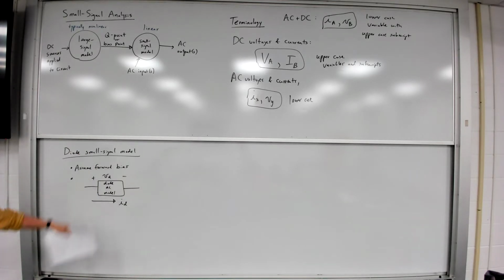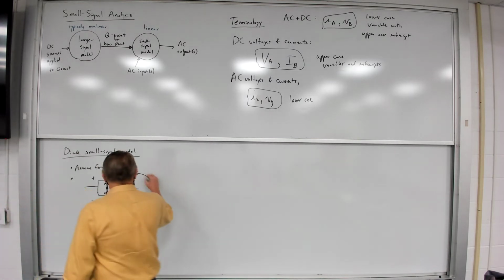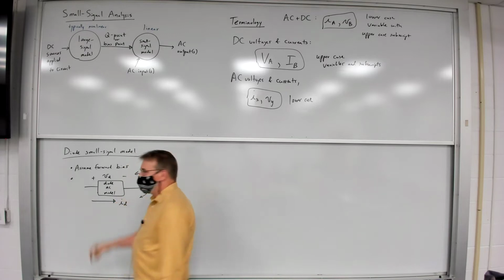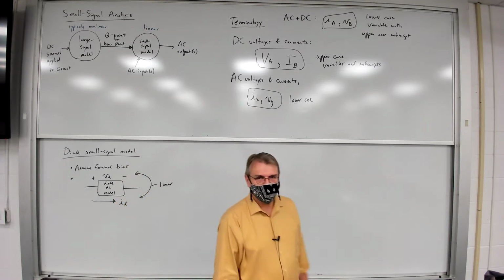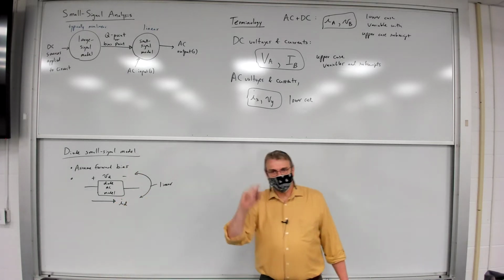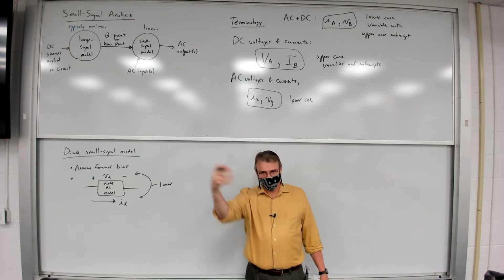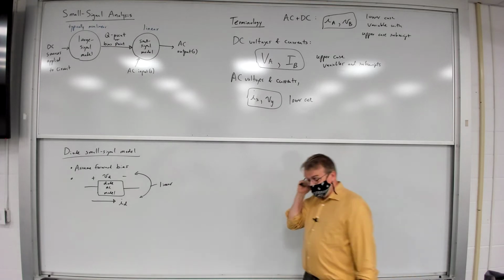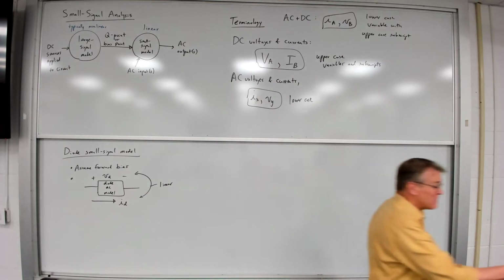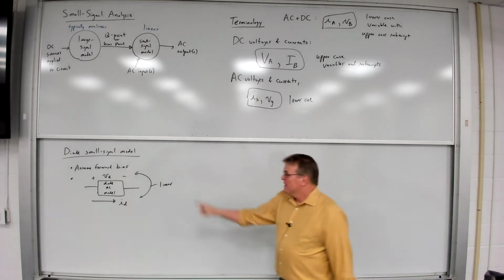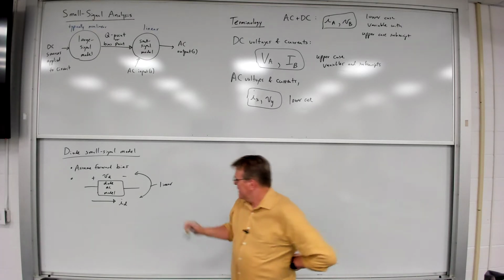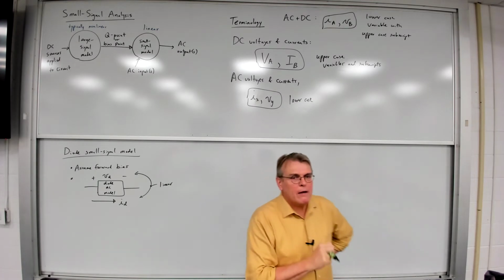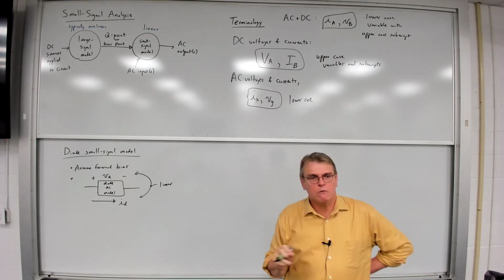And we want it to have a linear relationship between VD and ID. So let's think for a moment. Let us cast our minds back to that time long, long ago when we were in Circuits 1. We need a linear element with voltage versus current.